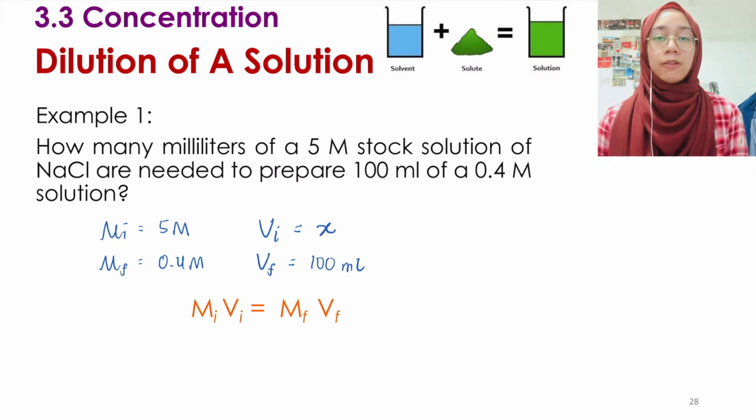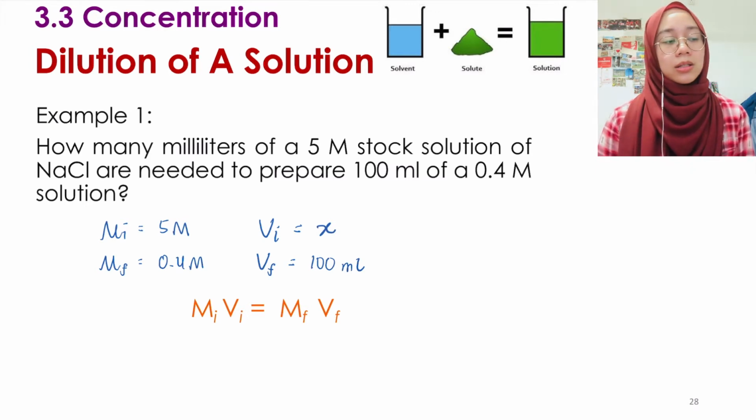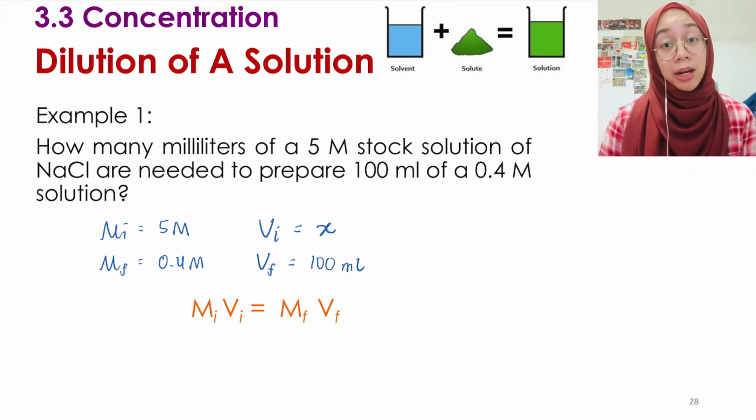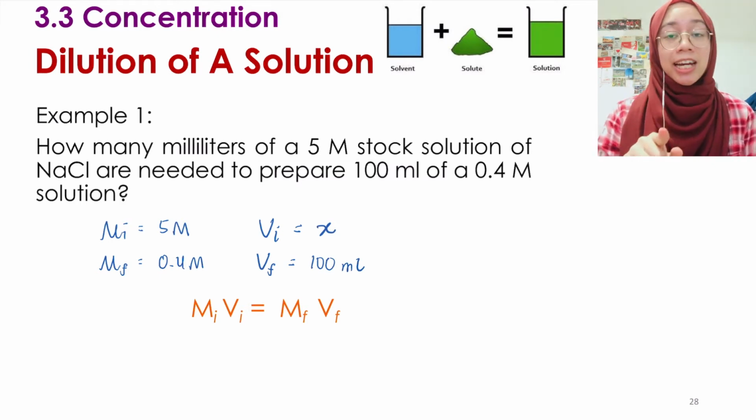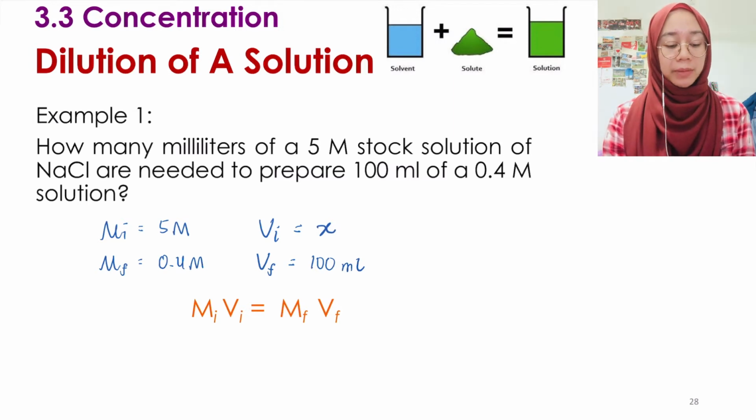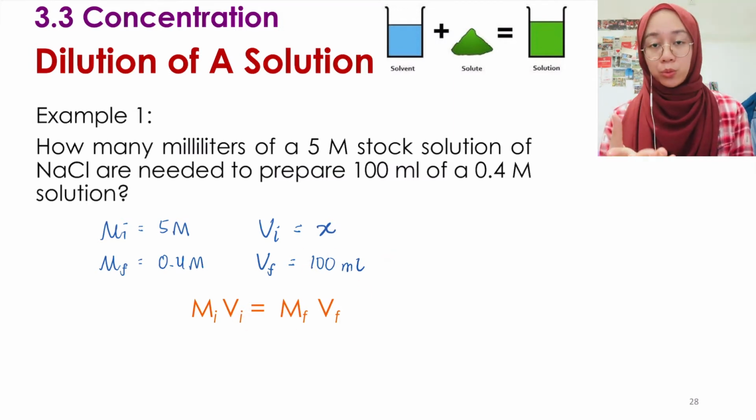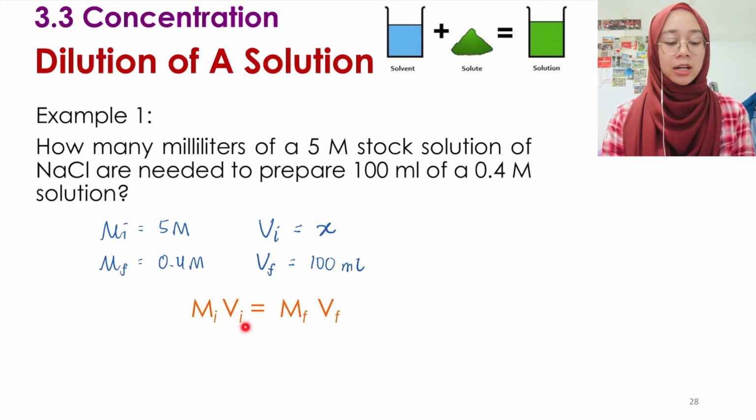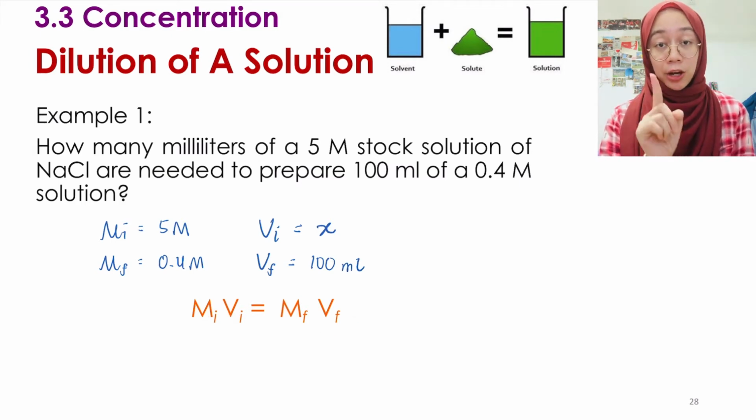Before this, if you want to calculate molarity, you know that molarity is defined as moles of solute per volume of solution in liters. So volume kat sini pula, perlukah kita nak tukar jadi liter? It's up to you. Sebenarnya kalau tak tukar pun tak apa, tapi yang penting adalah volume both sides perlulah dalam mililiter kalau kamu tak nak tukar.